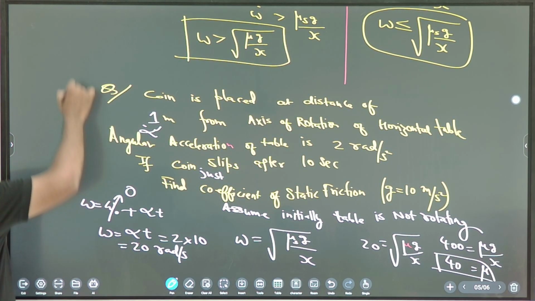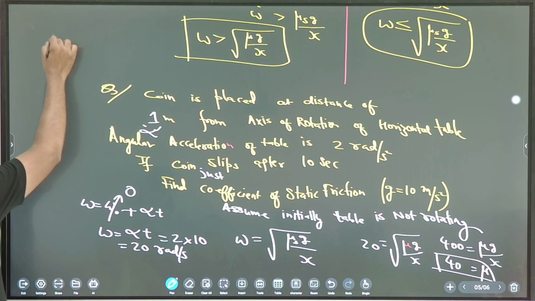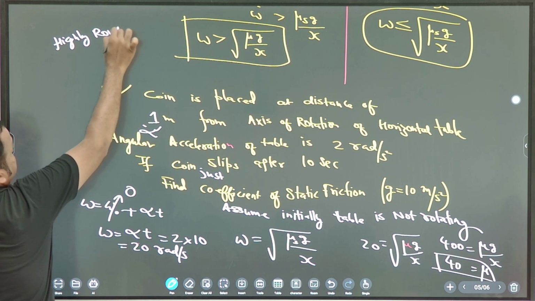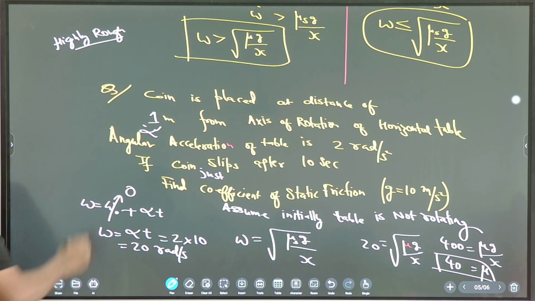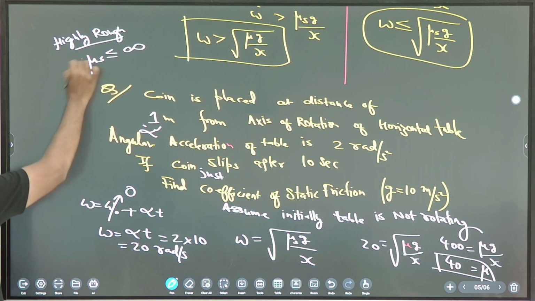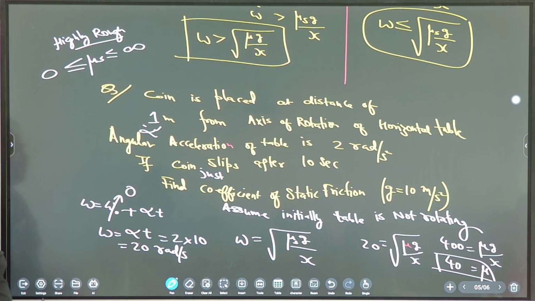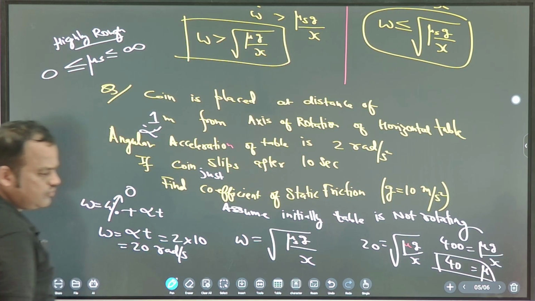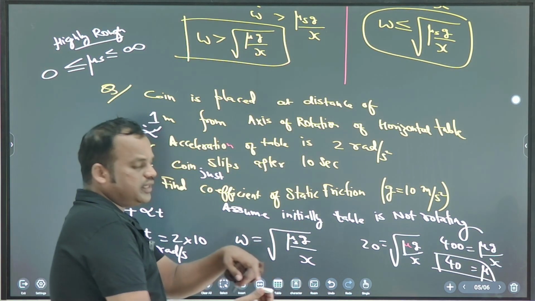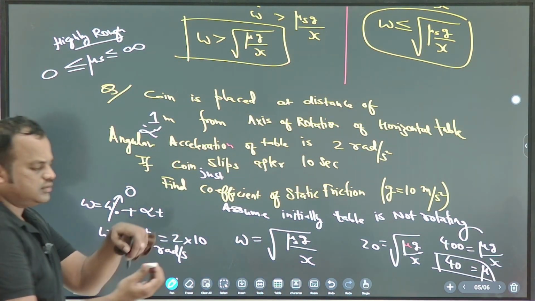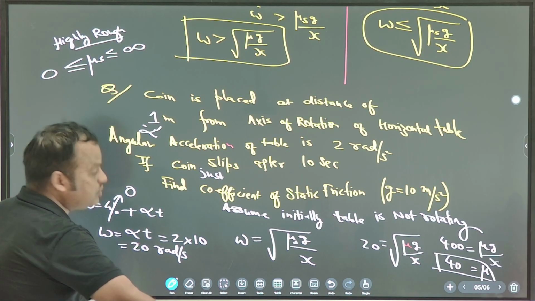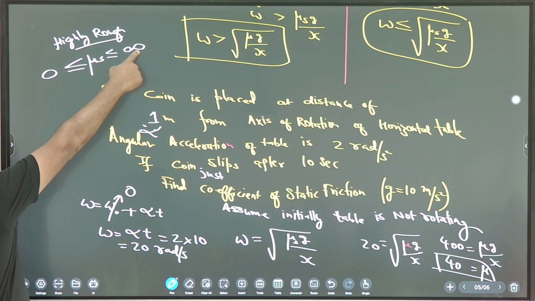Mu is 40 means it is a highly rough surface. Mu s, what is the maximum value of mu s? Infinity. Minimum value? 0. If you put Fevicol, quick fix, here, what is the coefficient of friction now?